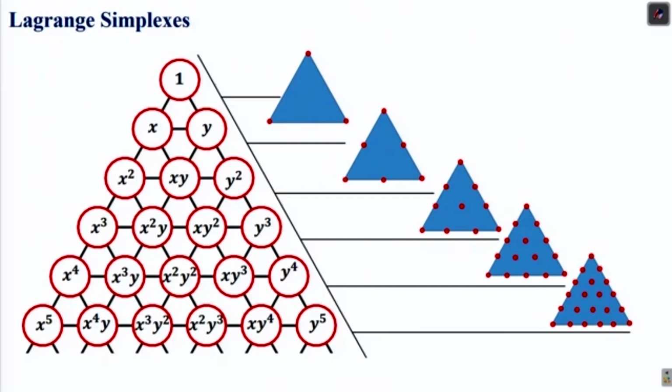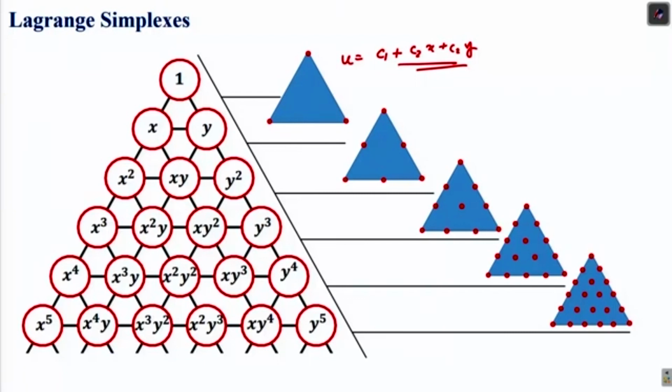What it tells you is, suppose I want to have a three-noded triangle, then in the approximation the terms I must include are 1, x and y. So our approximation should be u equal to some constant c1 plus c2x plus c3y, and this is the approximation we had taken while deriving the shape function for this element.